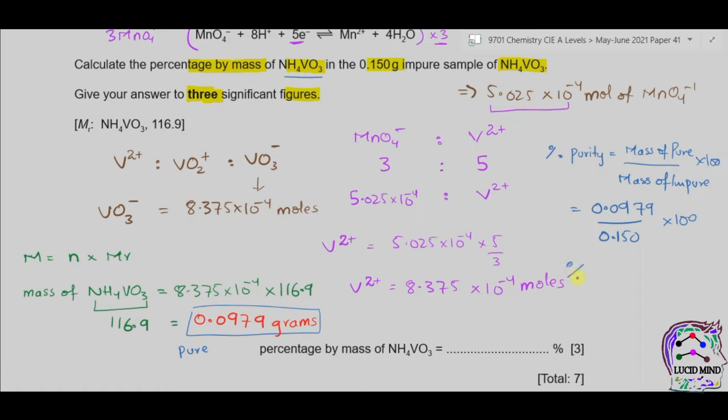So the percentage by mass comes out equal to 65.3%. So we can write 65.3%, with three significant figures.